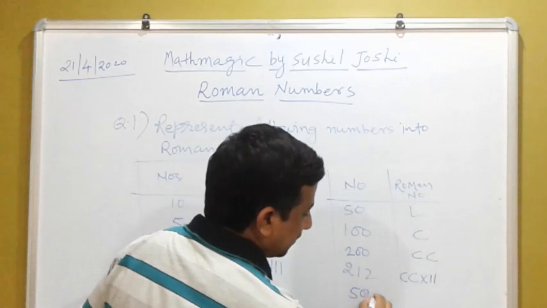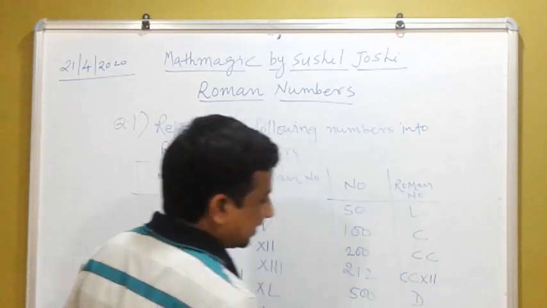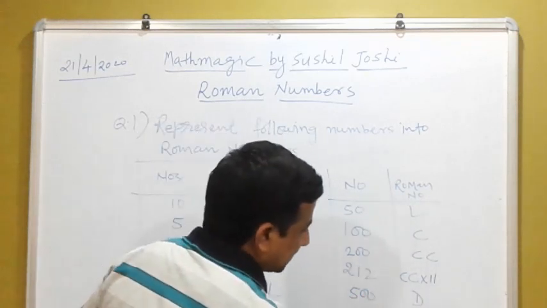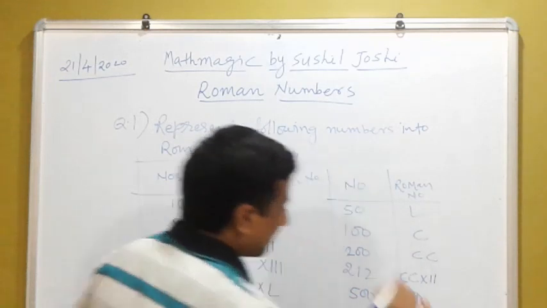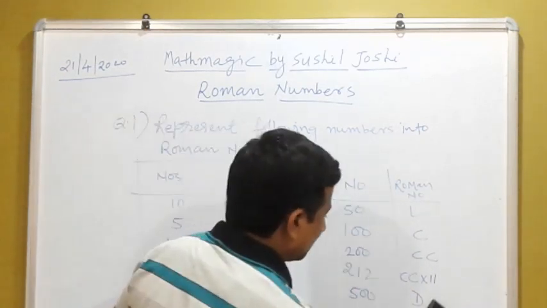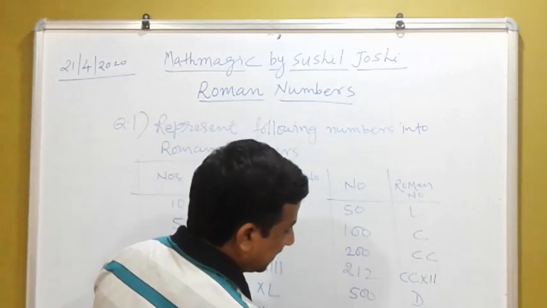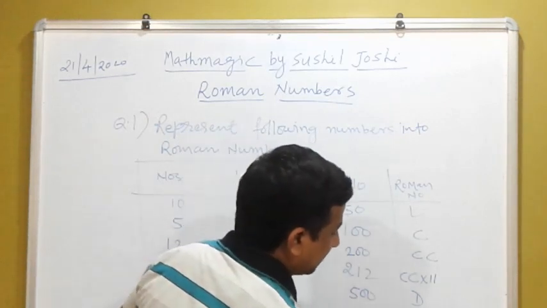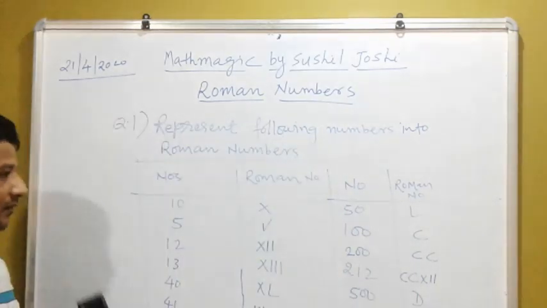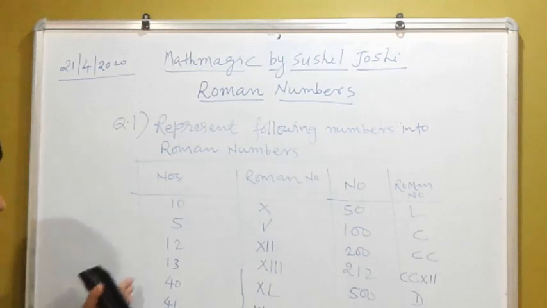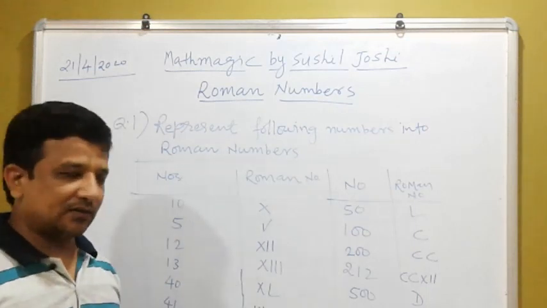Then 500, to represent 500 we write D, and to represent 1000 we write M. This way we represent the different types of numbers with respect to the Roman numbers.